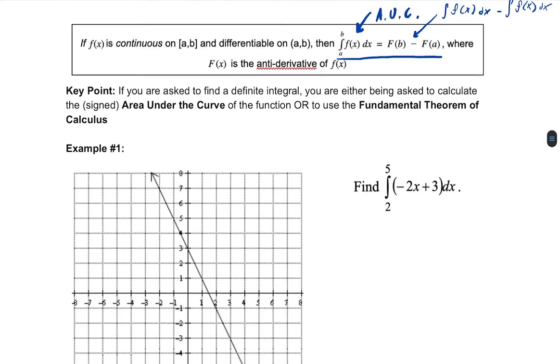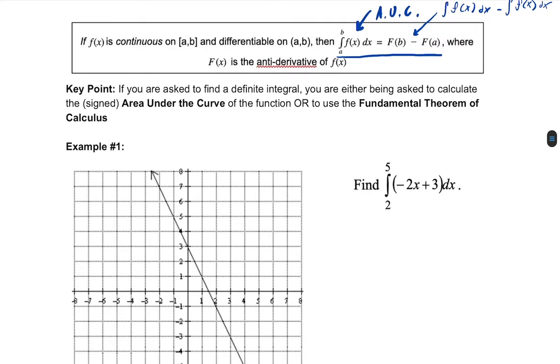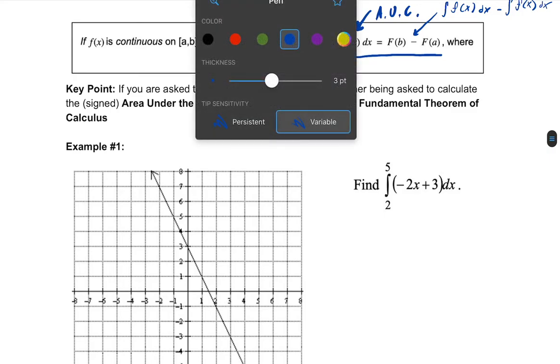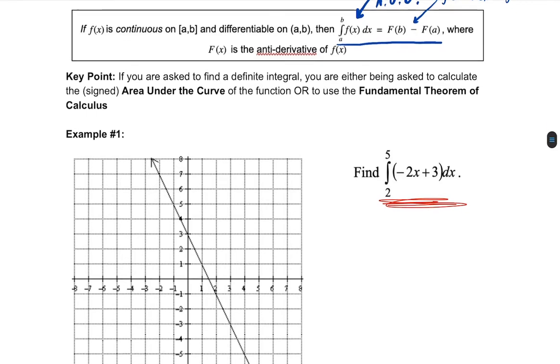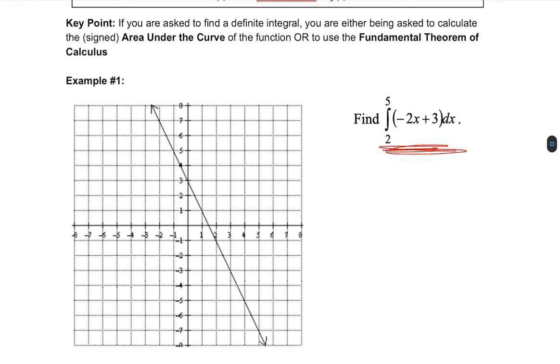And so let's see what this would look like. This is again something that you'll see a lot on AP style questions. If you are given a definite integral to find, you are being asked to do one of two things. If you are given a graph of that same function, so let's say this is that function f of x, right?